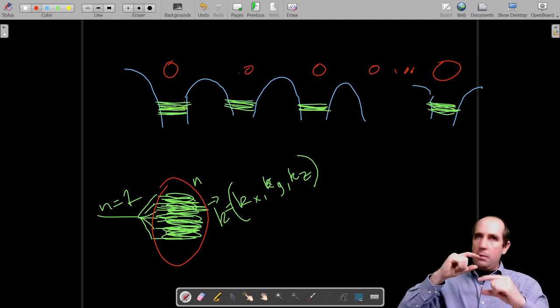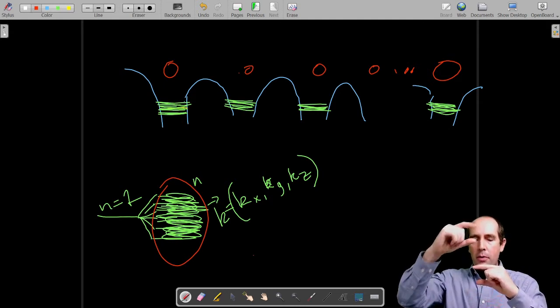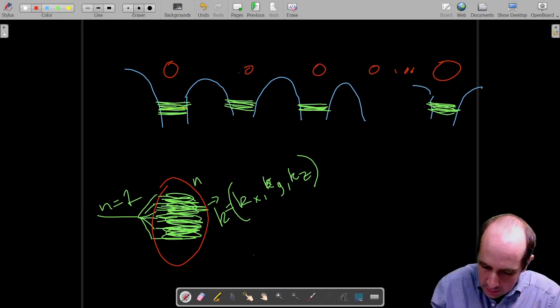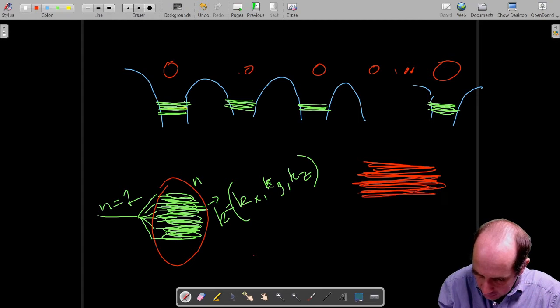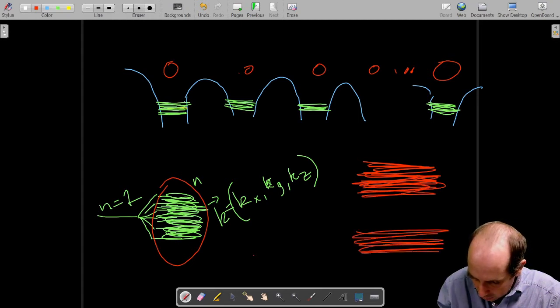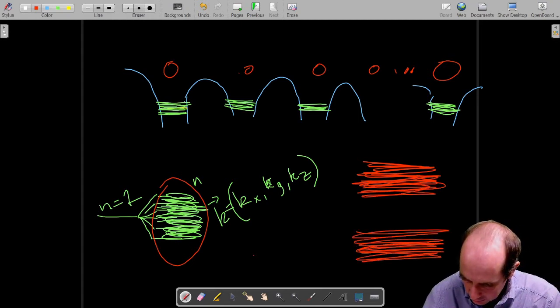So n equals 1 and maybe n equals 2 will be separated. So what you will end up with is a bunch of levels over here and a bunch of levels over here, which are n equals 1 and n equals 2.